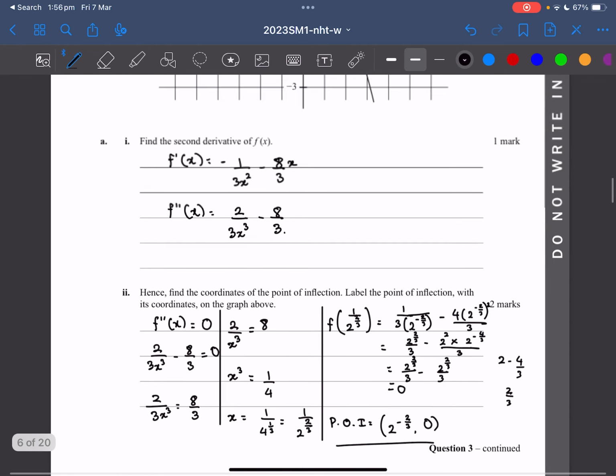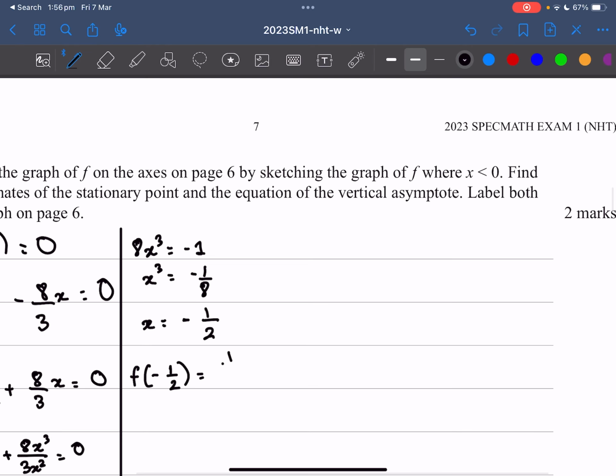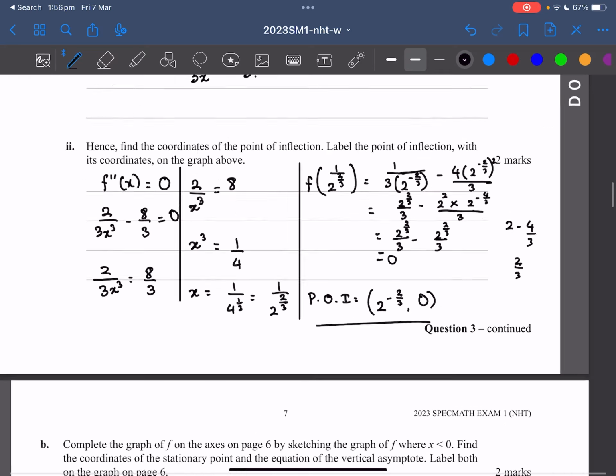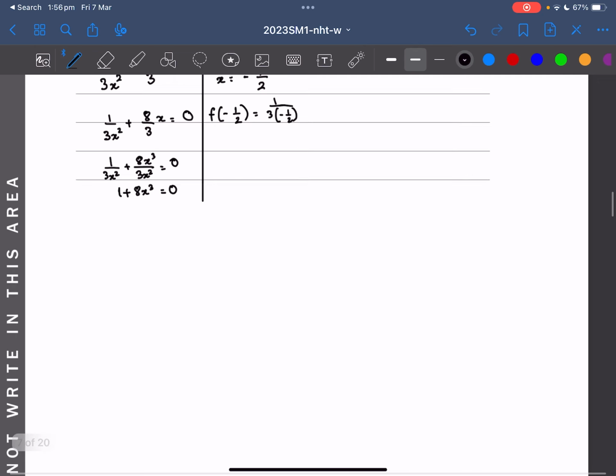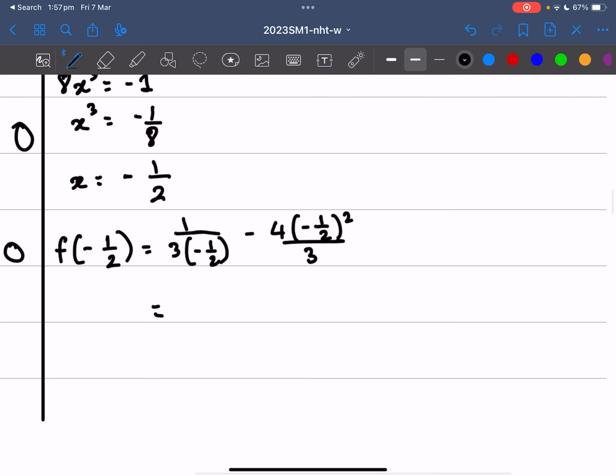So we'll have the function: 1 on 3x, so 1 on 3 times by minus 1 on 2, take away 4x squared on 3, so 4 times minus 1 on 2 squared on 3. Okay? So that will become 1 on minus 3 on 2, so minus 2 on 3.